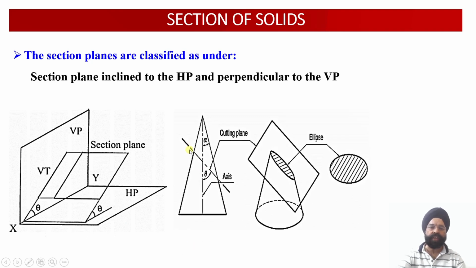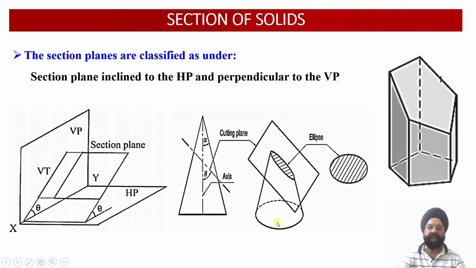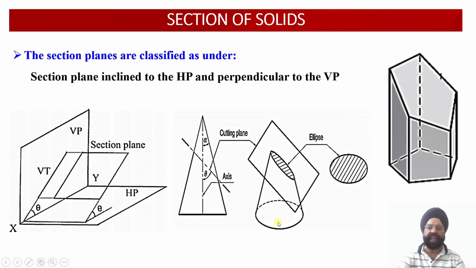Why? Because this cutting plane happens to be inclined to the horizontal plane at an angle theta. Since the surface of the cut section is inclined with respect to HP, its projection on the horizontal plane will reveal only its apparent shape.